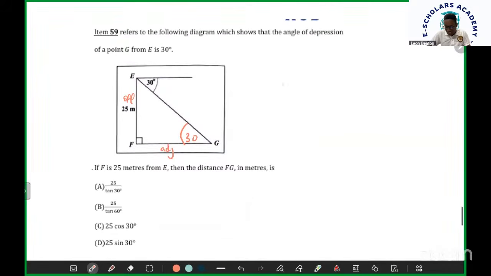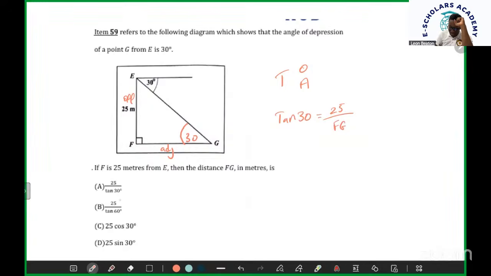So we know we're dealing with tan again. Tan, SOH CAH TOA approach. So tan theta, this 30, is equal to the opposite over the adjacent. The opposite is 25, and the thing that we want to find is FG.